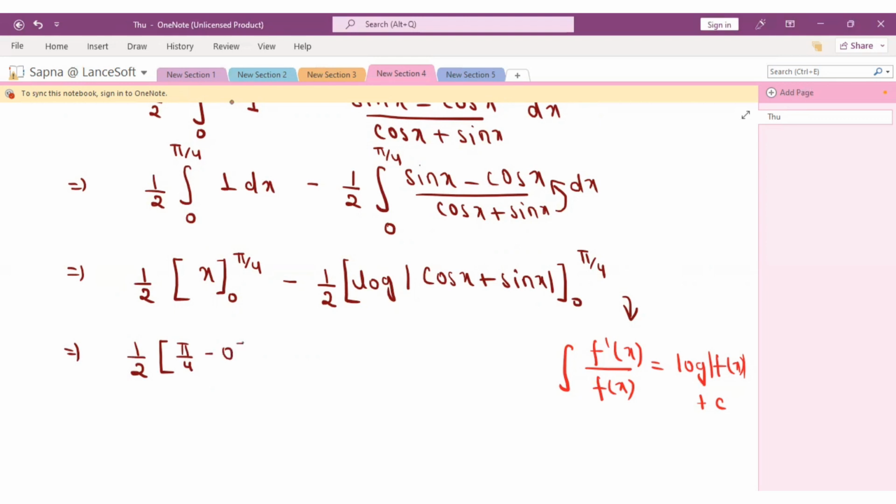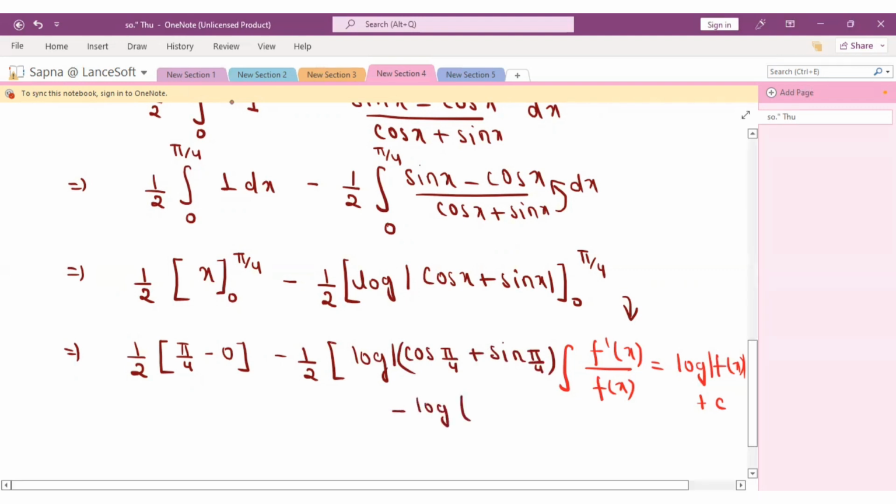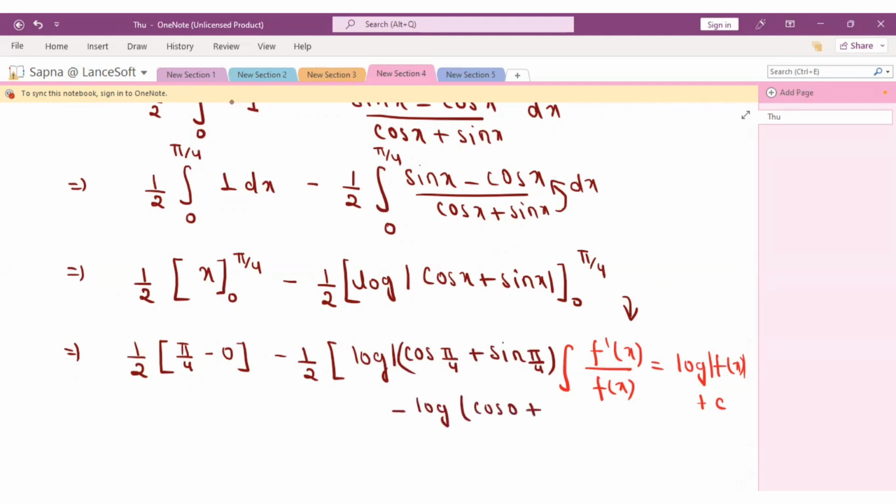So pi by 4 minus 0, minus half, and then here also we are going to put the value of the limit, so log, and then mod, we first put the upper limit, which is pi by 4, so cos pi by 4 plus sin pi by 4, mod closed. Okay, and then we have minus log of cos 0 plus sin 0. We have put the lower limit as well, and then bracket closed.